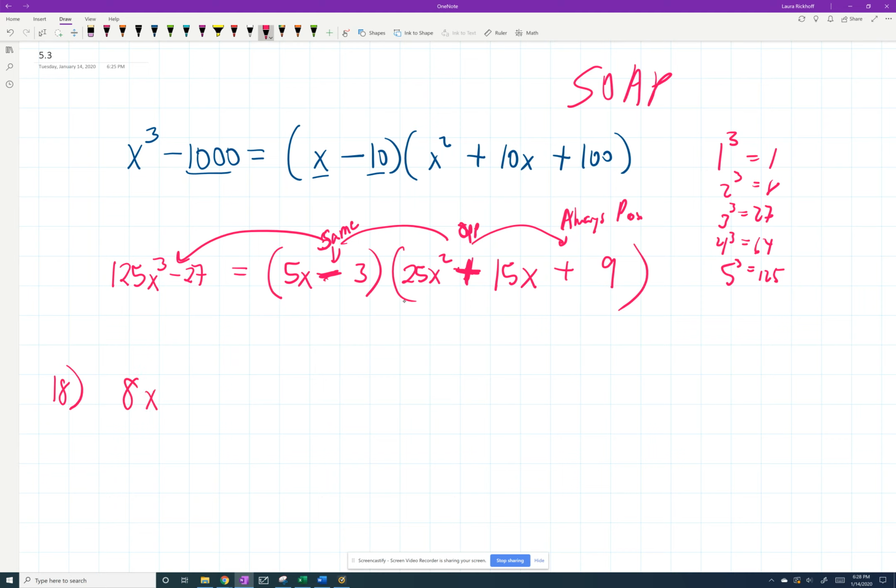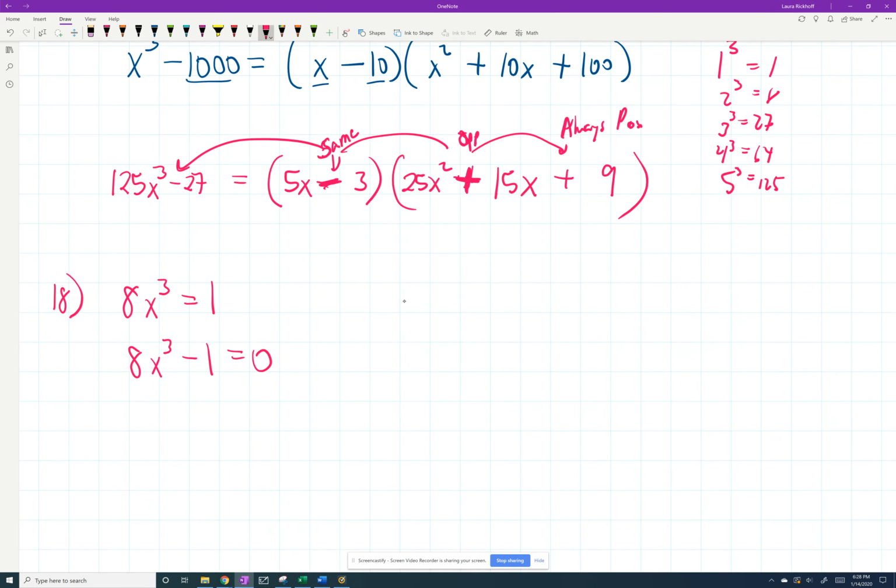You've got 8x cubed equals 1. So you'd want to set it equal to 0 first. And then when we factor this one, that's 2x cubed, that's 1 cubed. Keep the same, opposite, always positive. Square the first, square the last, multiply together.